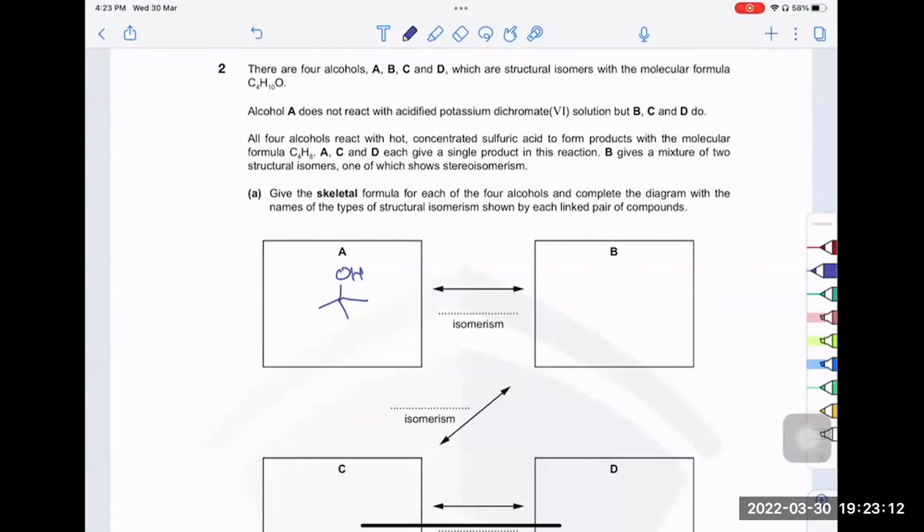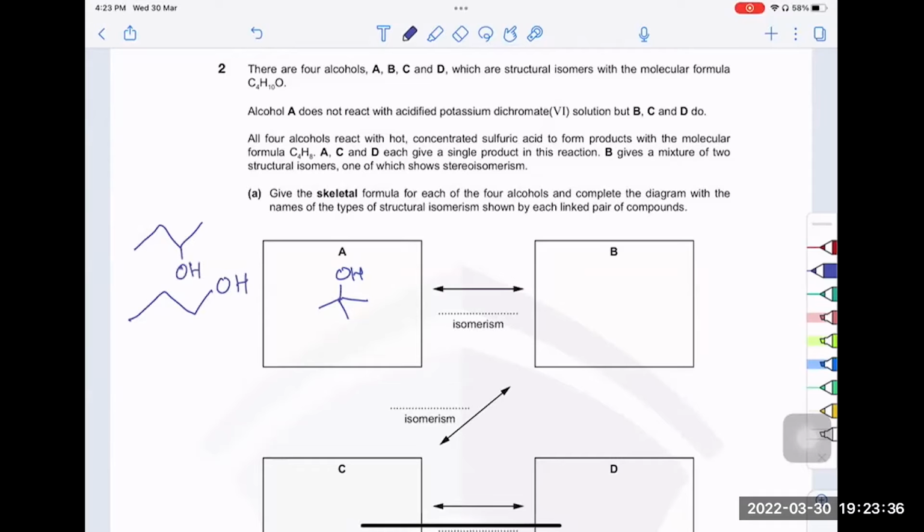Okay, so isomerism. Let's see. Let's start with B. B gives a mixture of 2 structural isomers. So B is a secondary alcohol, I know that. And let's just make it a long chain. So yeah, 4 carbons in a long chain. Now, obviously, I can have OH here, or I can have OH here.